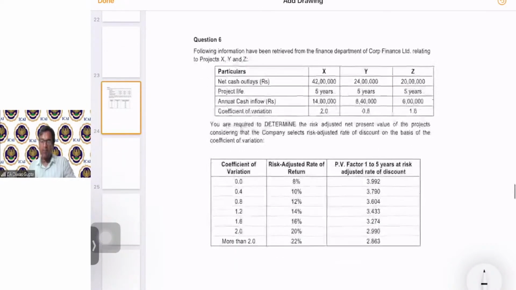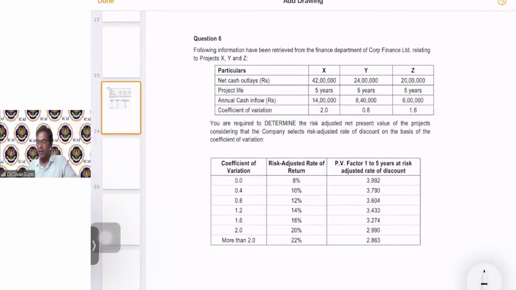Let's come to question number 6. So this is some new question. Let's try to do this. The following information has been retrieved from the finance department of Corp Finance Limited relating to the projects X, Y, and Z. Okay.